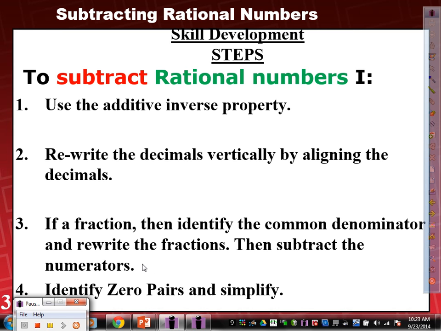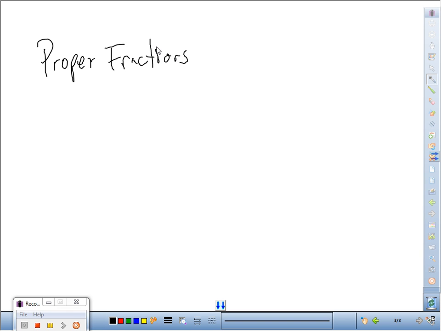Okay? Alright, before we get started though, since we're going to be using the number line again, just to clarify, on the Q side, I want you to write proper fractions. On the Q side. Okay?